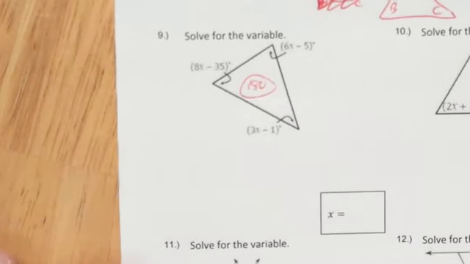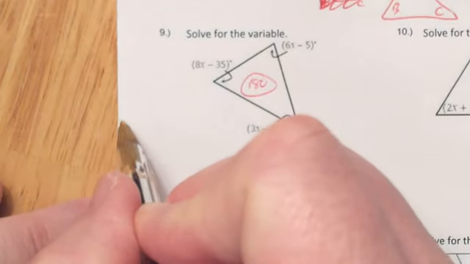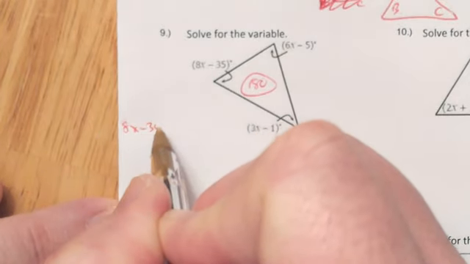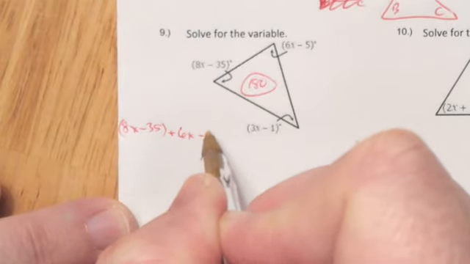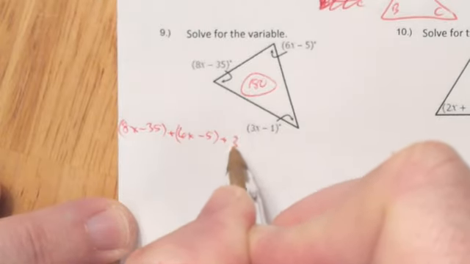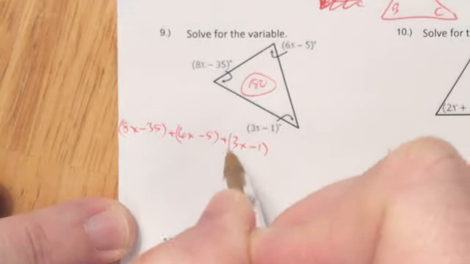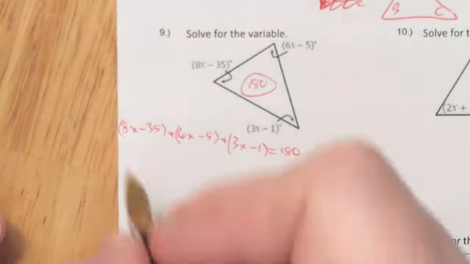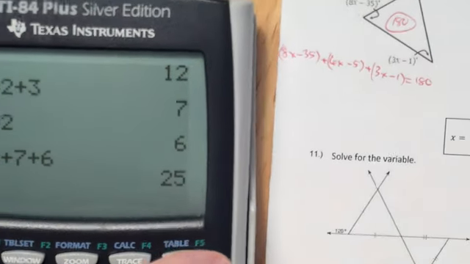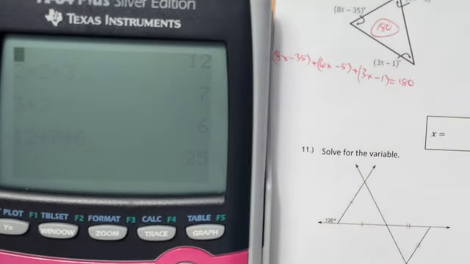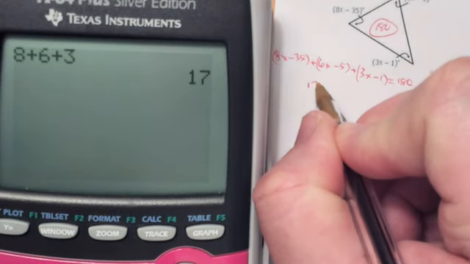Let's just do that. All right, so we have 8x minus 35 plus 6x minus 5 plus 3x minus 1 is equal to 180 degrees. So I'll show my calculator so you can see what's going on in my head. All right, so let's put that together. So we know 8, 6, and 3, who are all x's, that's 17x.